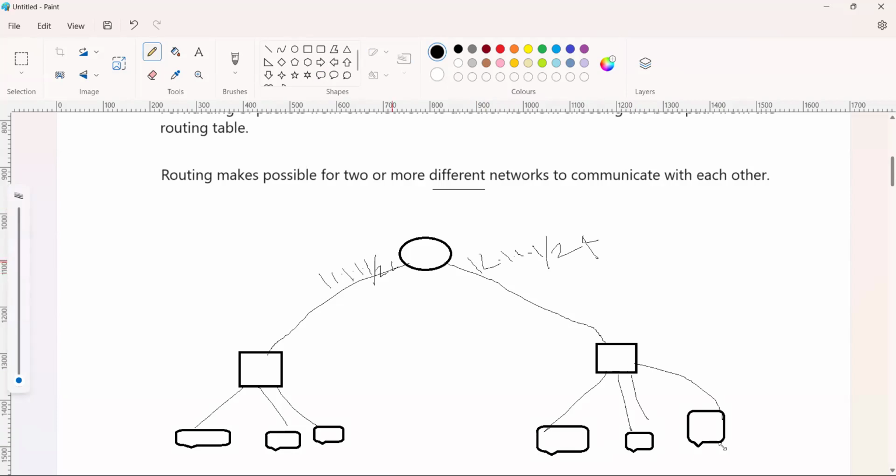This is a different network and this one is a different network. So routing makes it possible for two or more different networks to communicate with each other. With the help of routing only it is possible. With the help of the router only it is possible. In routing, the router maintains a routing table. Understood?